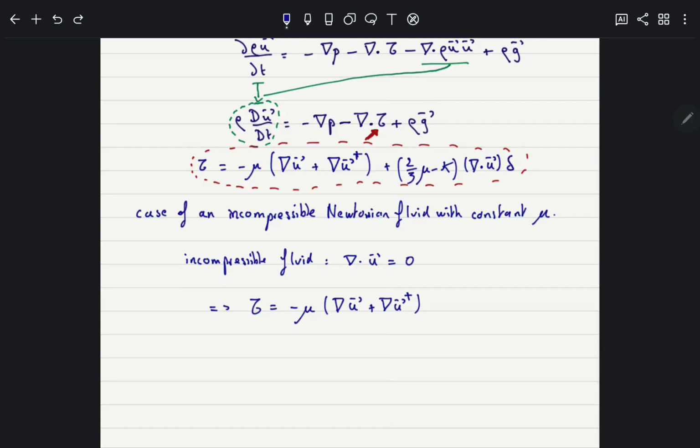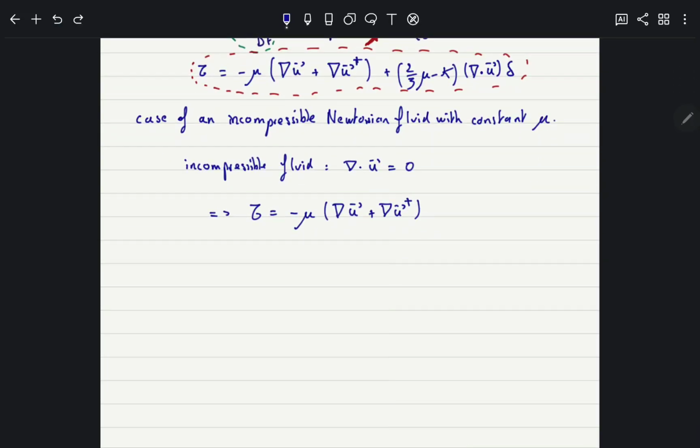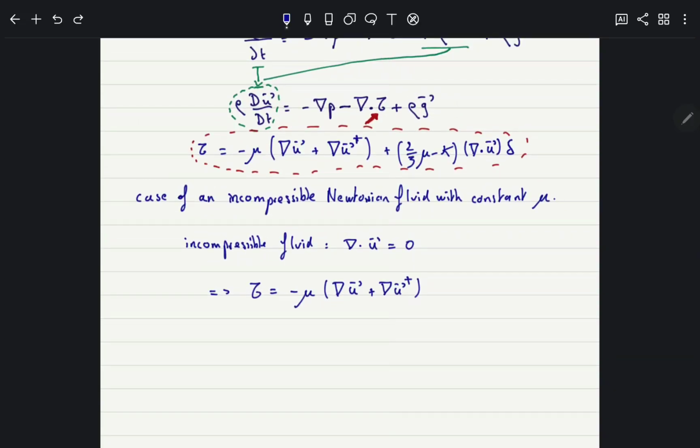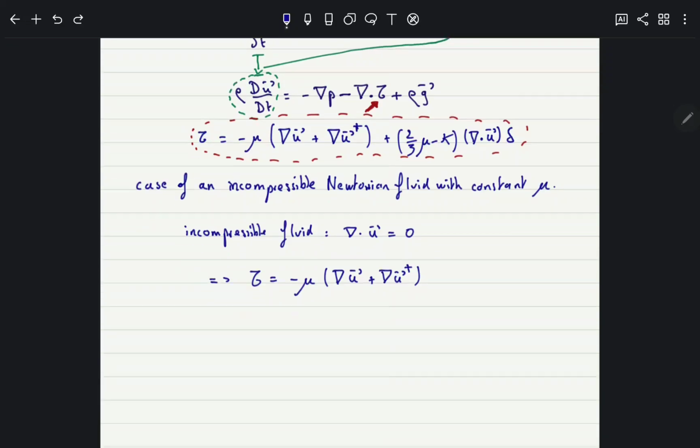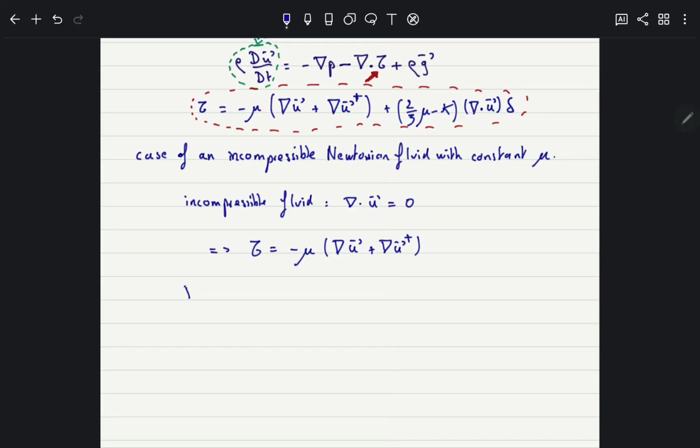Okay, great. So now we're going to rewrite, in the Navier-Stokes equation, what we have: the dot product of that nabla operator and the viscous stress tensor. So we are going to try to look at it in more detail.